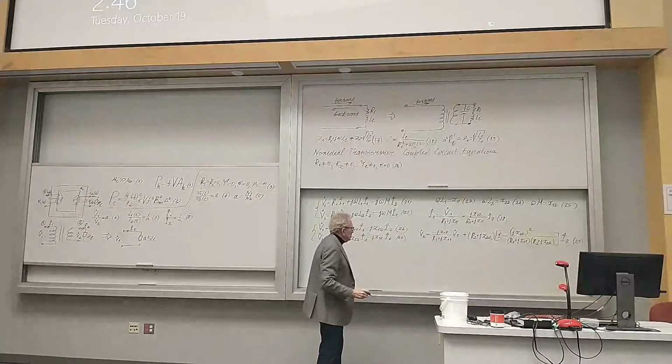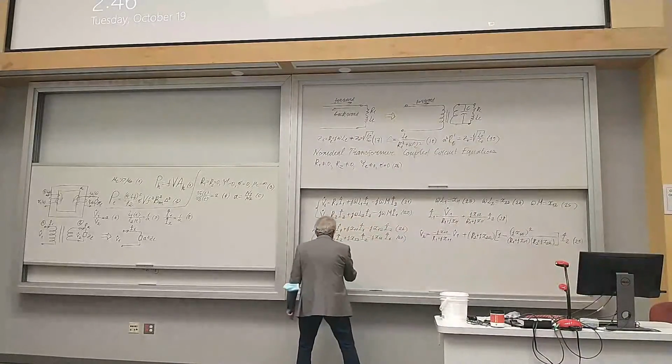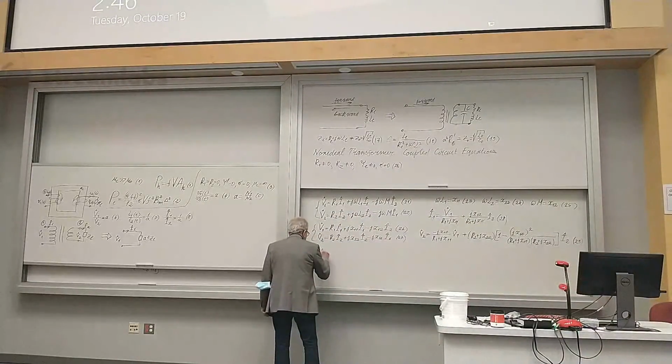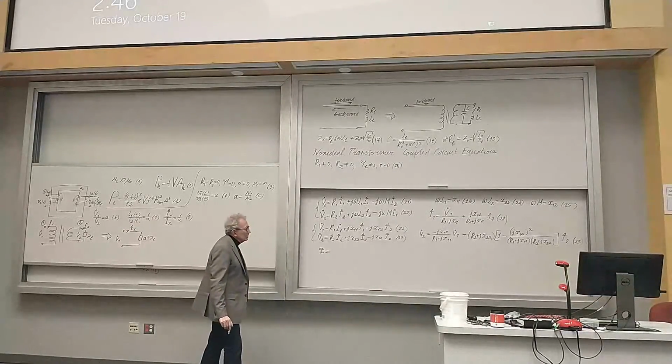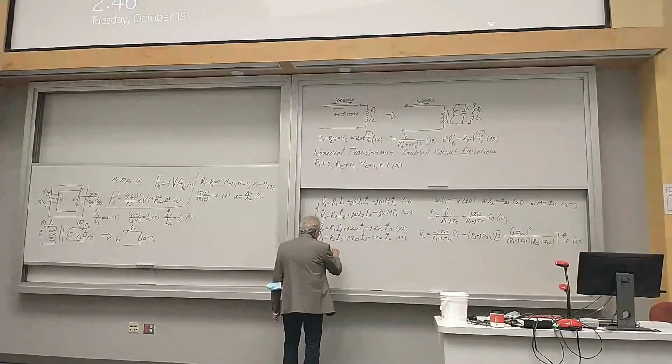And so what I will do next, I will introduce this quantity, very important quantity, D. Sometimes it's called discriminant. This expression in the bracket.